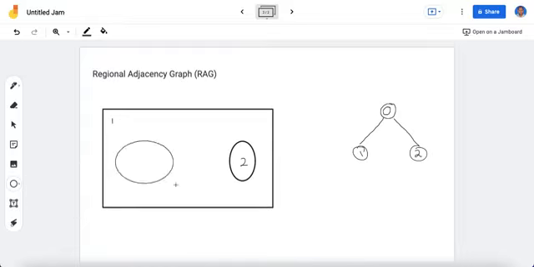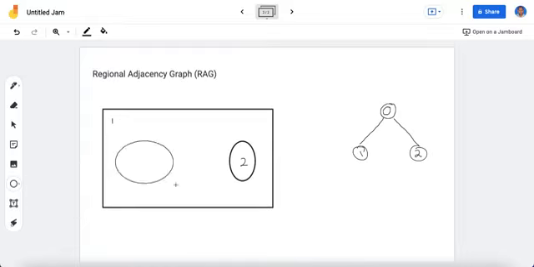Region 3 is adjacent to 1 as well as 4. So this is A, my original image, and this is going to be the regional adjacency graph of my original image.